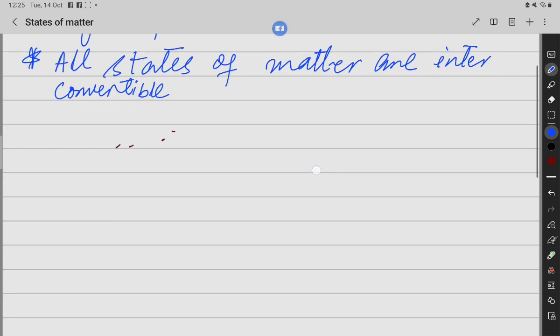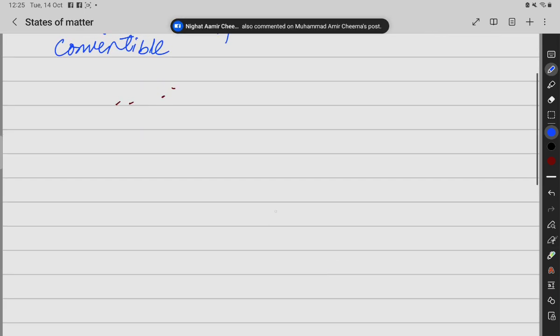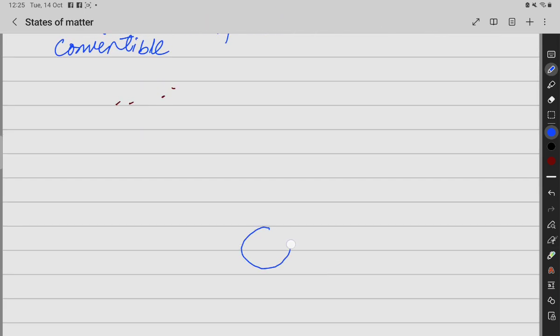For example, look at this. This is the flow chart of how solid changes. This is solid. Solids are tightly packed. This is solid state. And when it gains heat, it changes into liquid state.